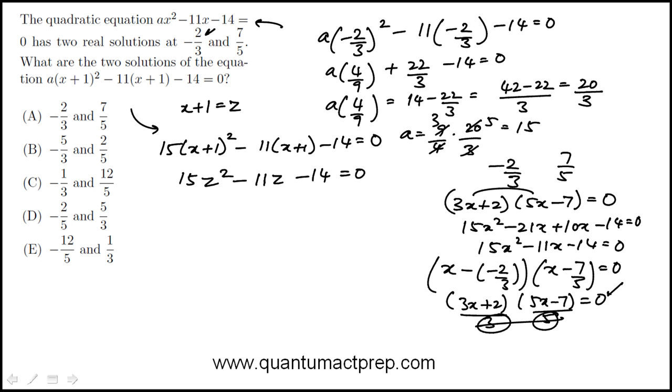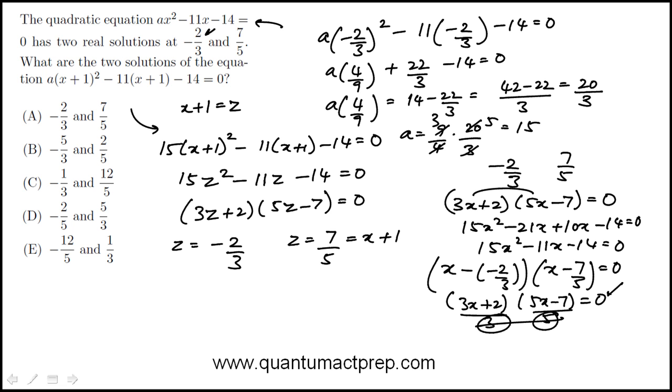That means we can also factor this directly, which means this would be 3z plus 2, 5z minus 7 is 0. So we don't have to even solve this, because those are the roots. And now we equate this to x plus 1 in both cases to get the roots to this equation. And you'll notice that again I am subtracting. So I end up with the same result as before.